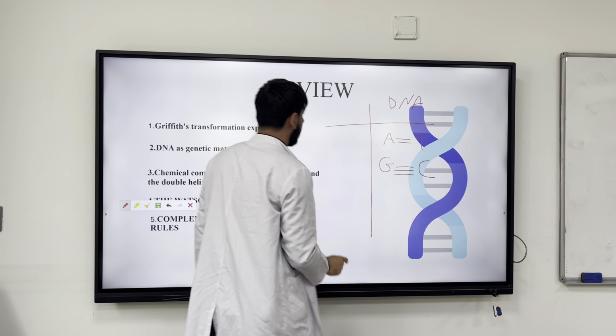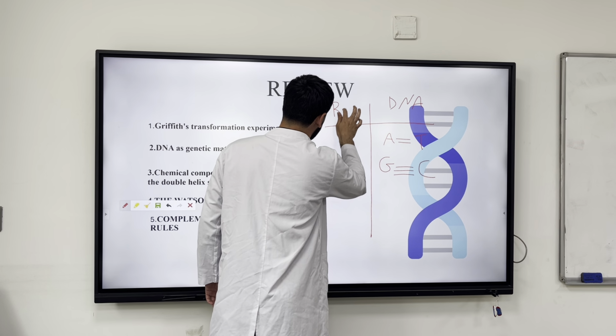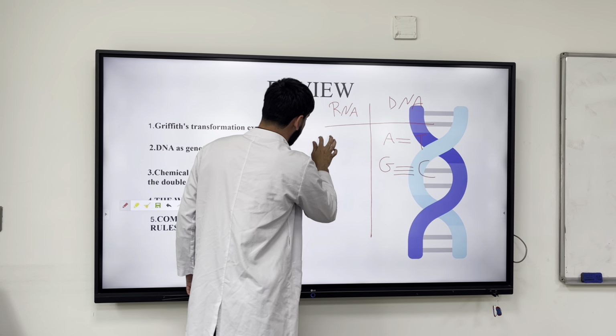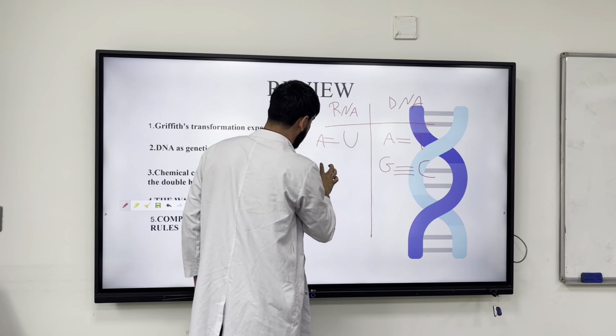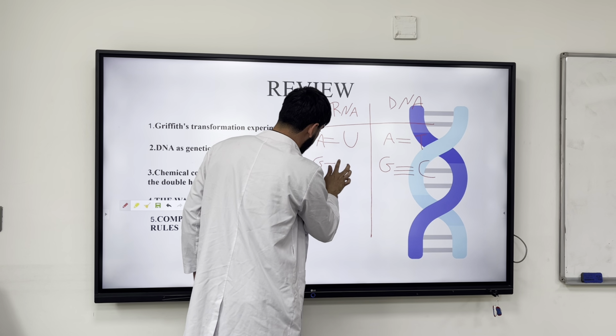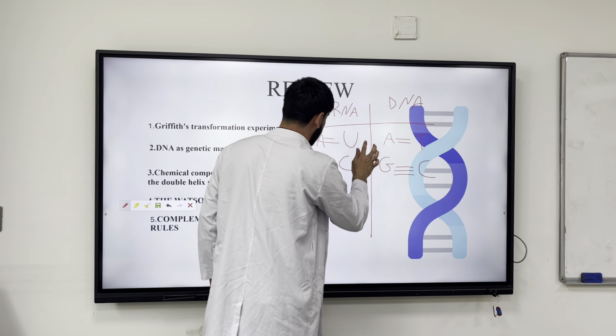But in RNA, adenine joins with uracil by a double bond, and guanine joins with cytosine by a triple bond.